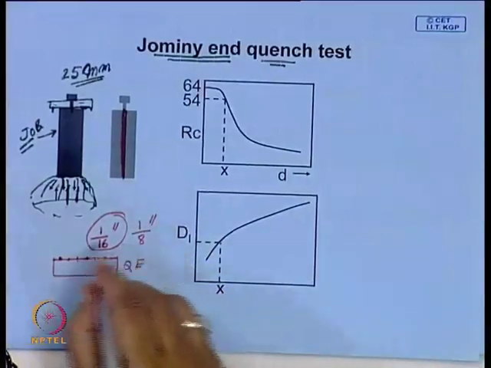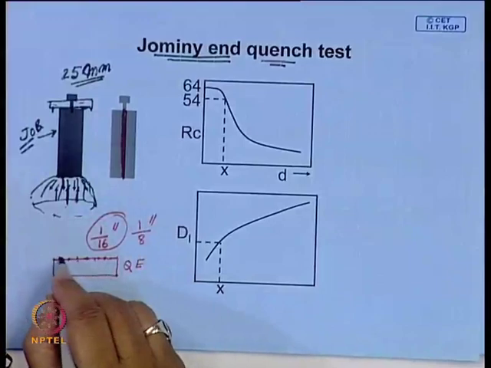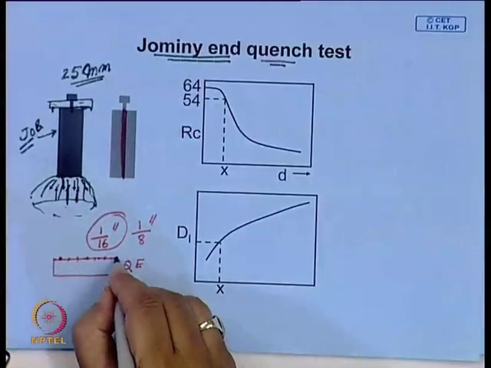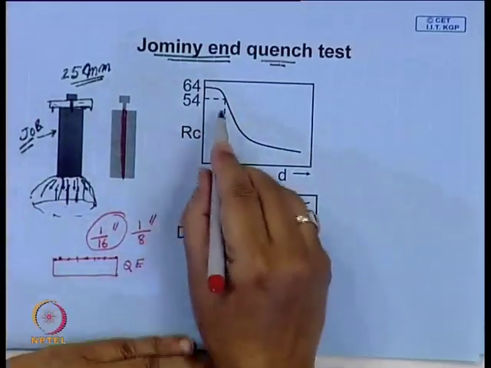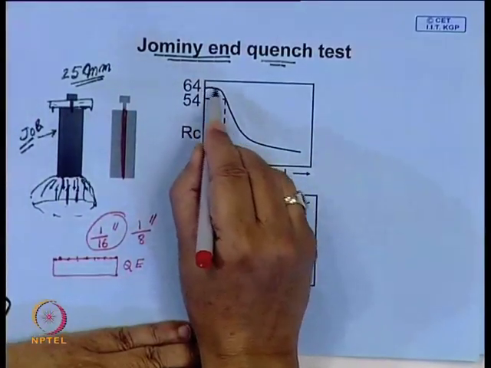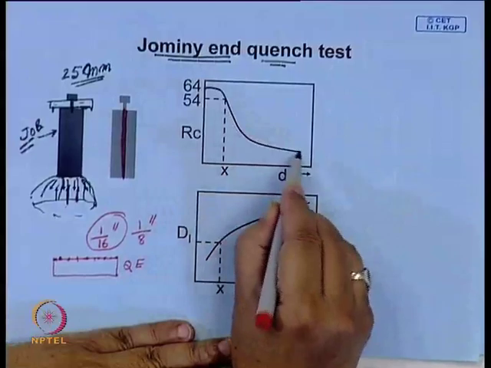You keep moving, and then you get hardness from the quenched end to the other end, and then you make a plot. If you make a plot, you will find you get a plot like this.